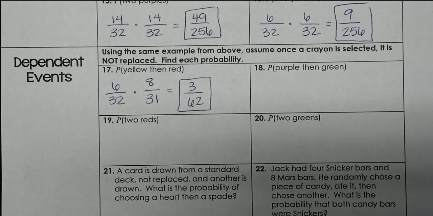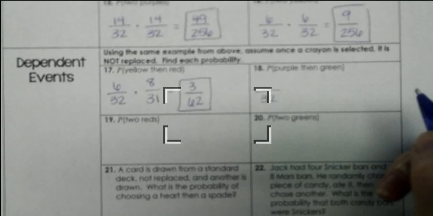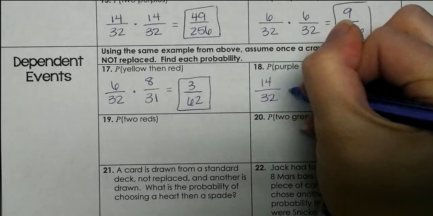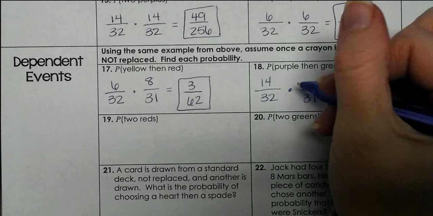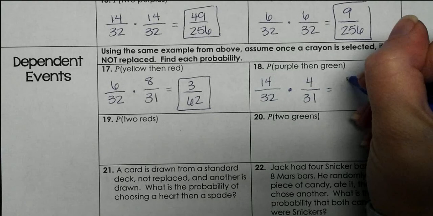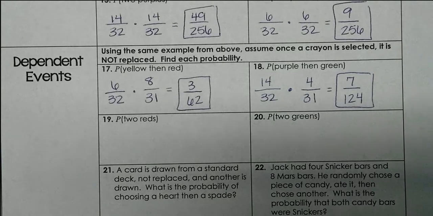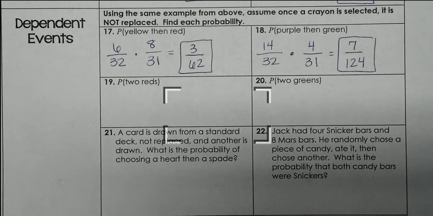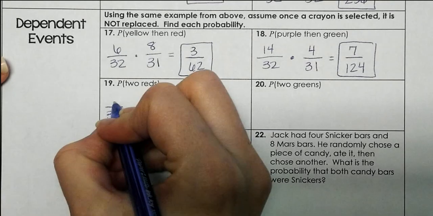Okay, on number 18, at first there's 32 crayons in the bag, and there's 14 purple. But now there's only 31 in the bag, and there are 4 green. So if I multiply those, reduce, I get 7 over 124. Now 19, 2 reds. We start with 32 in the bag, and there's 8 red.